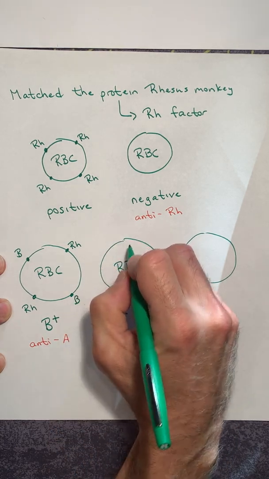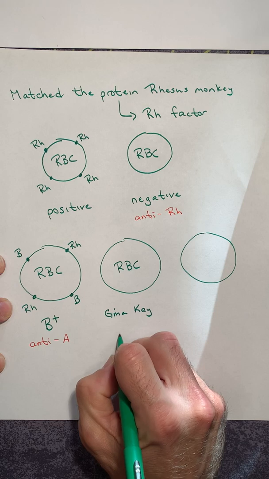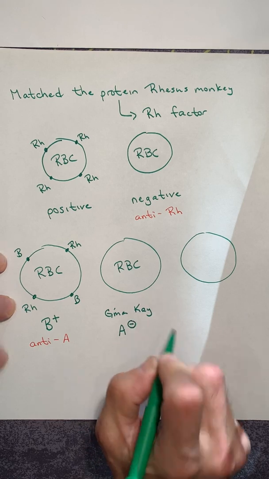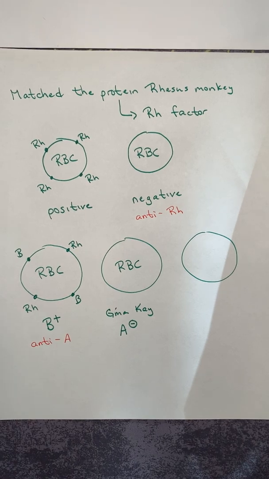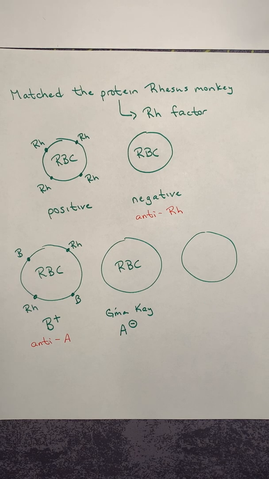So my mom's blood type is A negative. So if my mother is A negative, that means that she produces the A glycoprotein. But since she's negative, that means that she doesn't produce the Rh.